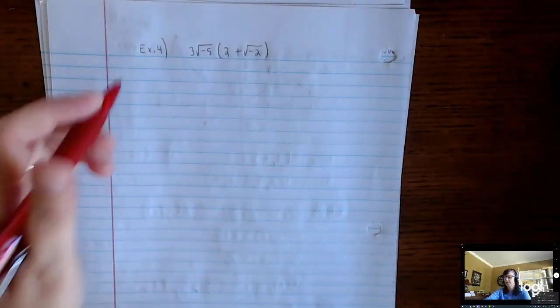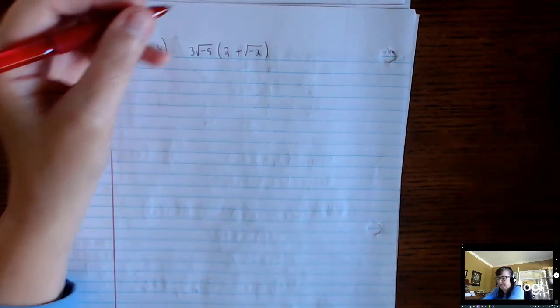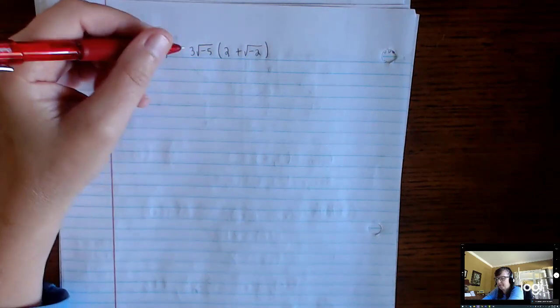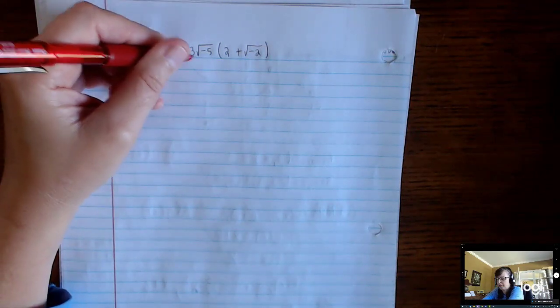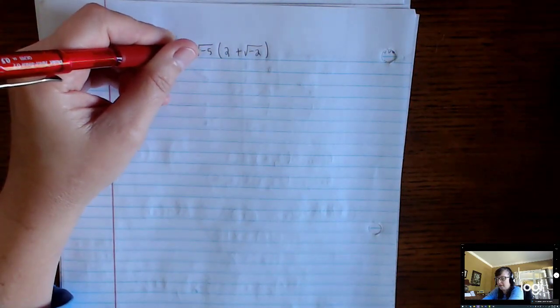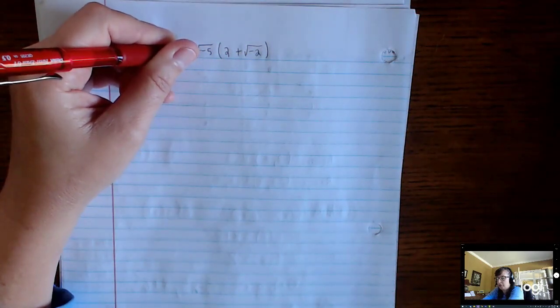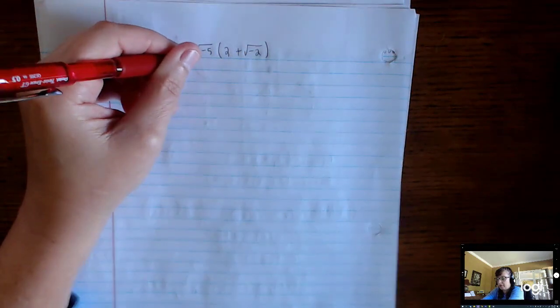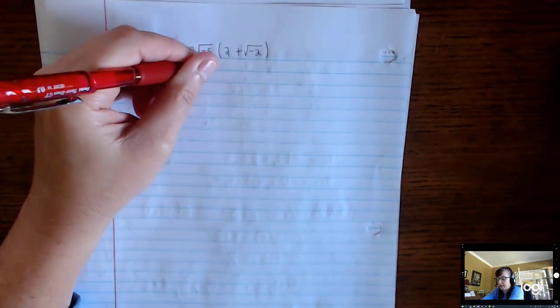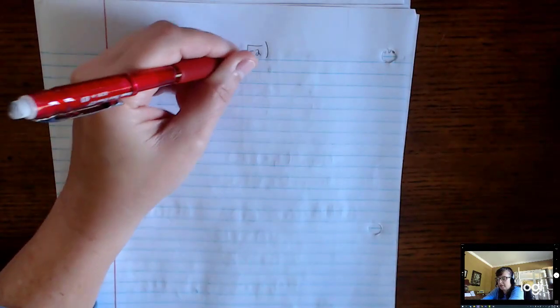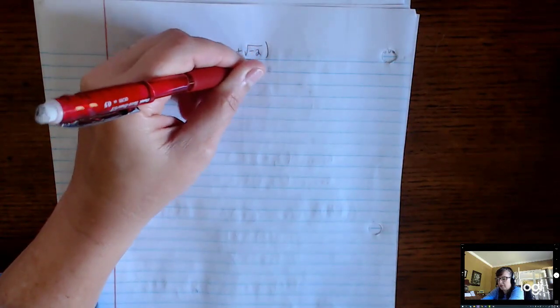Okay, so example 4, I made a little mistake. So this is take 2. The first thing that you want to do is pull out your i, the -5, that's a -1 underneath that radical. So you have to pull out the i. So this would be 3i square root of 5 times 2 plus i square root of 2.